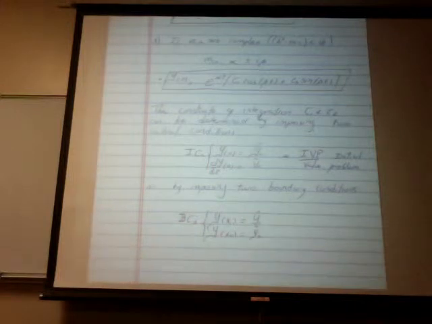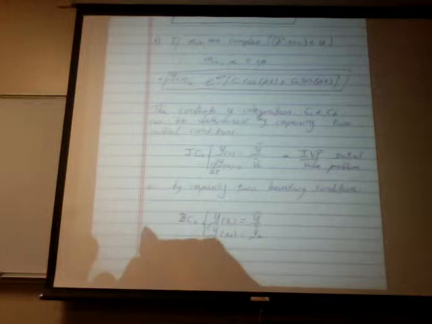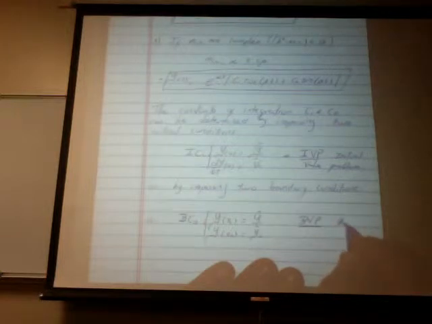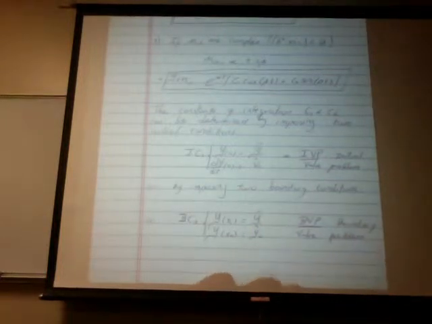We can have different kinds of boundary conditions, we'll see that later, but this is an example of two boundary conditions. One on one end, the other one on the other end. These are the two boundaries of the problem. So this is a boundary value problem. This is what distinguishes an initial value problem from a boundary value problem.